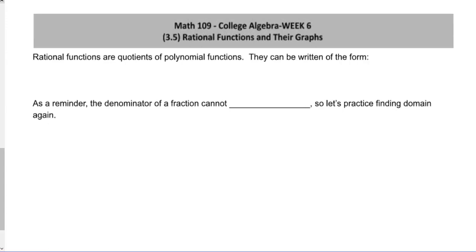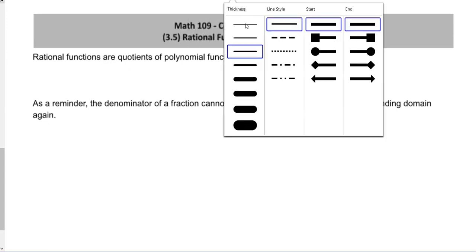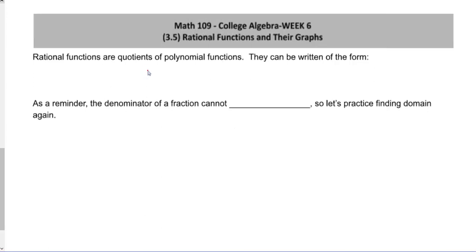So let's get started. Rational functions are quotients of polynomial functions, and so they can be written of a form where, if you remember, rational numbers are those that are fractions. Now we just change numbers into functions, and we have a rational function.